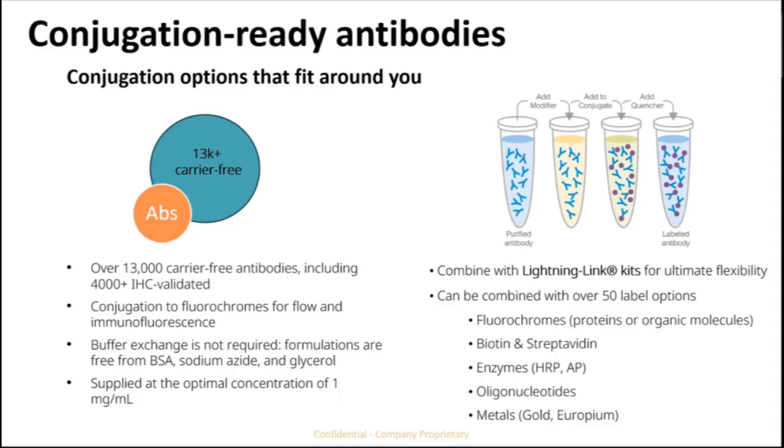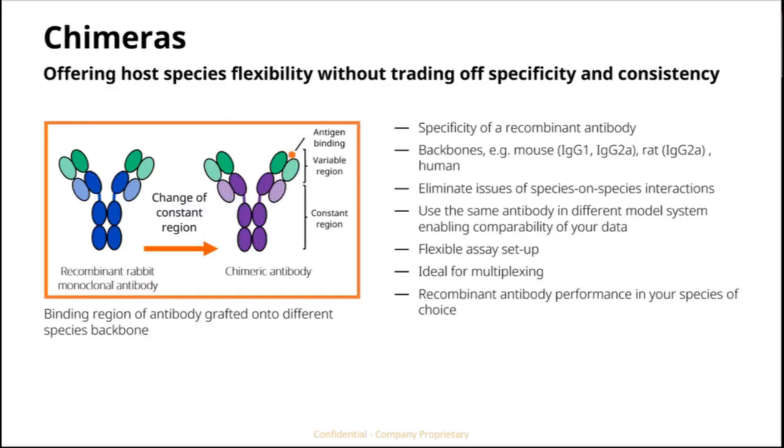So apart from these carrier-free antibodies, we also understand that for multiplex staining using the traditional methods, it's important to have antibodies from different species. So we have our chimeric antibodies, which have the same specificity as the RabMAb antibodies, but they are grafted onto a different species backbone.